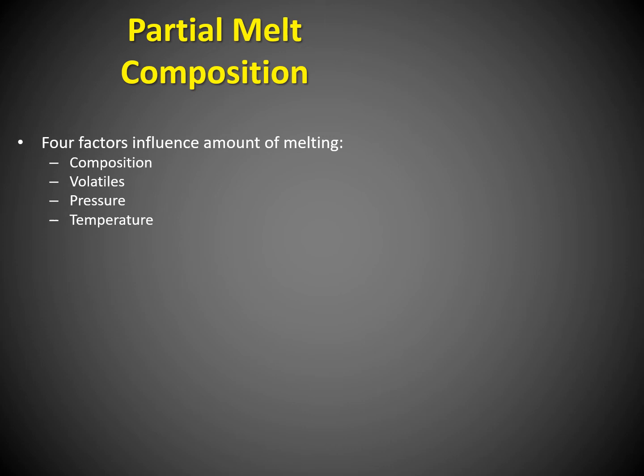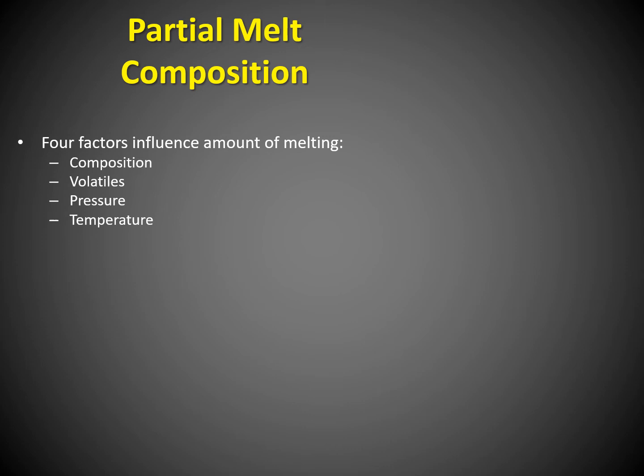So we know we have four factors that influence the amount of melting we can get. One is the rock that we start with. We know pressure and temperature affect the amount of melting. Obviously, temperature does.